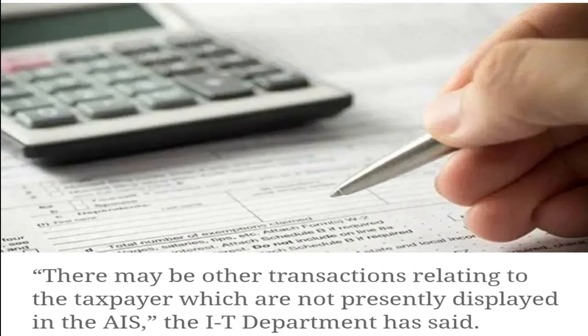The new AIS can be accessed by clicking on Annual Information Statement under the Services tab on the new Income Tax e-filing portal. If the taxpayer feels that the information is incorrect, relates to another person, is a duplicate, etc., a facility has been provided to submit feedback online. Feedback can also be furnished by submitting multiple information in bulk.